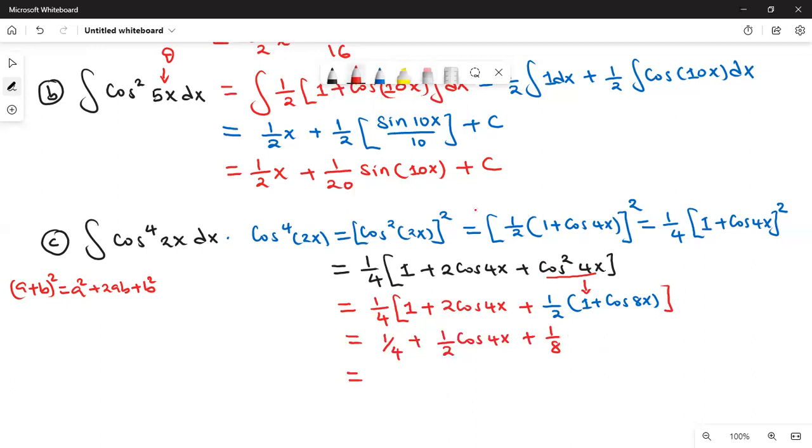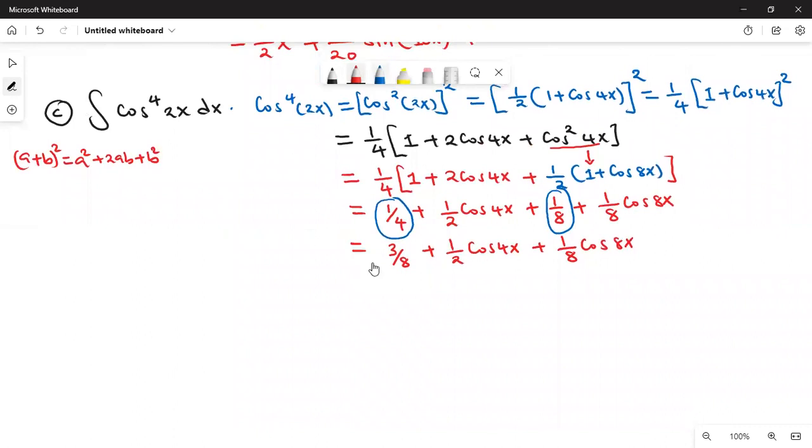Then we have here plus 1 over 8 cos 8x. So add this 1 over 4 to this. That will give us 3 over 8. So that is equal to 3 over 8 plus 1 over 2 cosine of 4x plus 1 over 8 cosine of 8x. So this is what we need to integrate now.